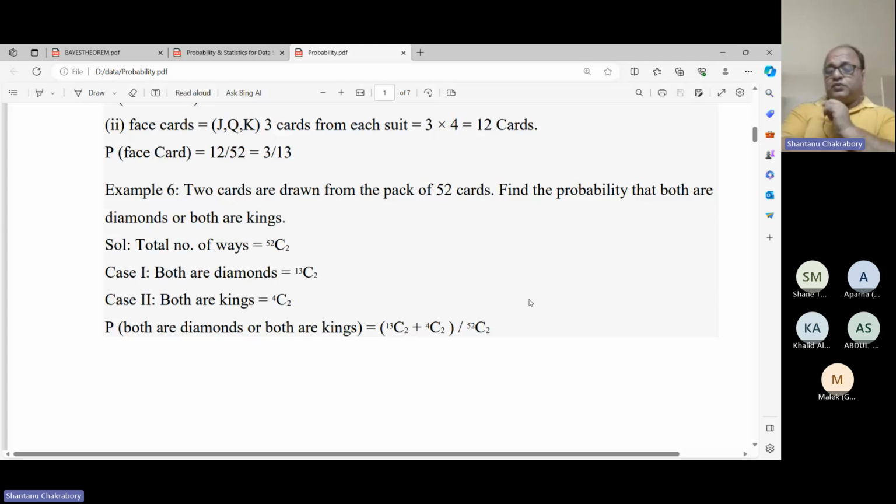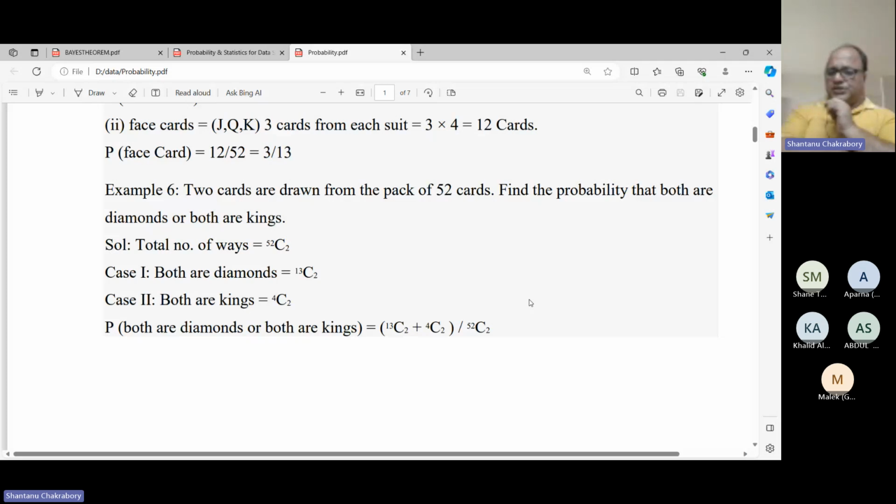So from a pack of 52 cards, how many cards are drawn? 2. So 52 combination 2. That is the total number of ways we can draw 2 cards from a pack of 52 cards. Now out of these 2 cards, both will be diamonds. So how many cards are diamonds in a pack of 52 cards? There are 13 diamond cards.